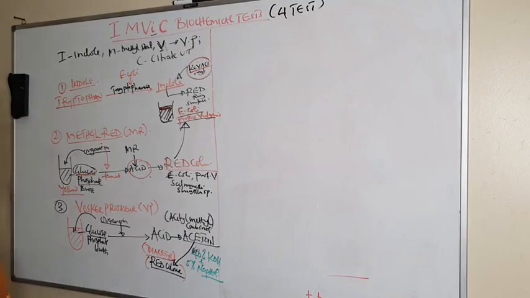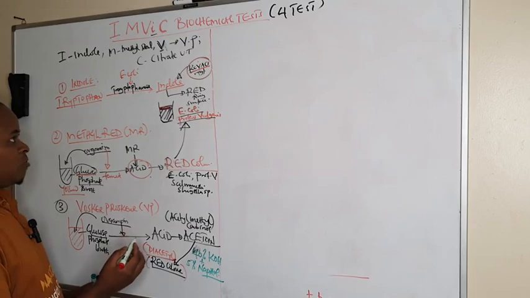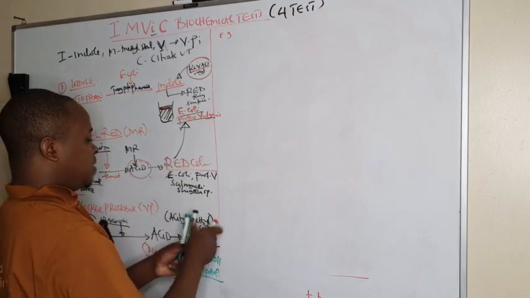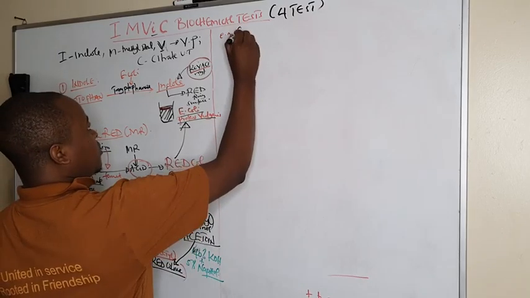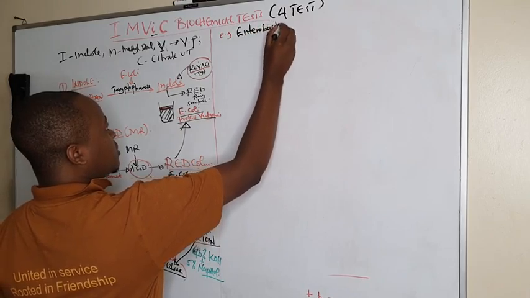And which organisms are positive with Voges-Proskauer? The organisms that are positive with this test include Enterobacter aerogenes, Enterobacter species.